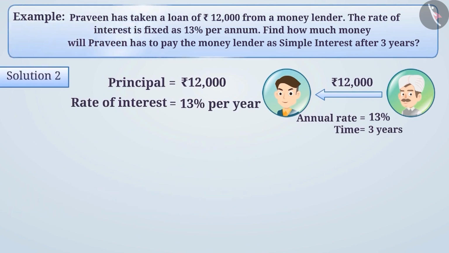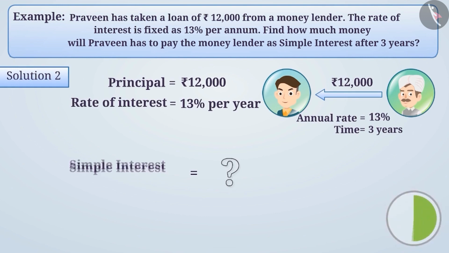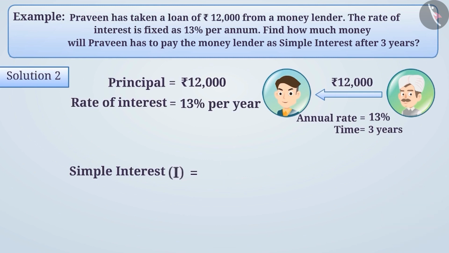Solution 2. We can also solve this example with the help of a formula. Do you remember the formula for simple interest? Think for a while. You've got it right. The formula to calculate simple interest is I is equal to PRT by 100. Here, P is equal to the principal or 12,000 rupees. T is time, 3 years.